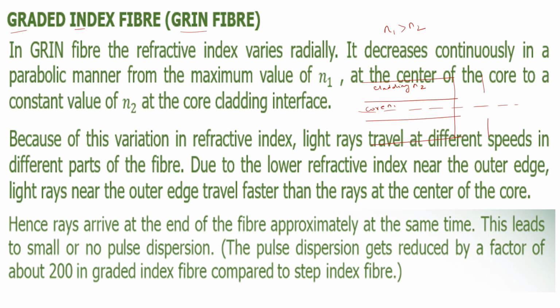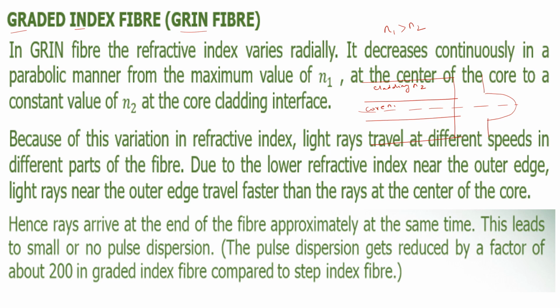Now, when it comes to core, we are not going to have a single value of refractive index, whereas from the axis, it will fall down gradually to this value, N2 value. Similarly, on the other side also from the axis, it will fall down gradually to this value. So, what is the meaning? The value of N1 is not going to be single, but it is going to be a range of value.